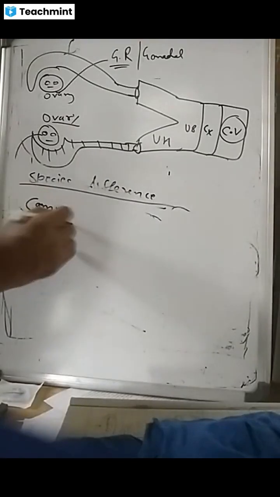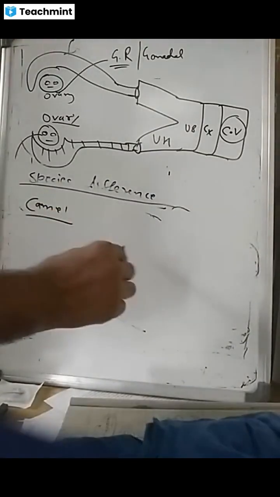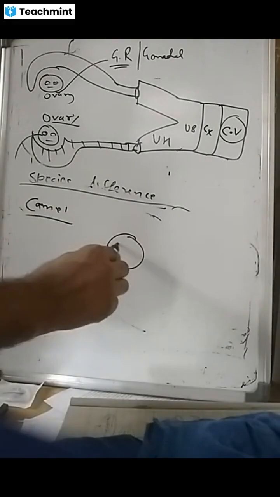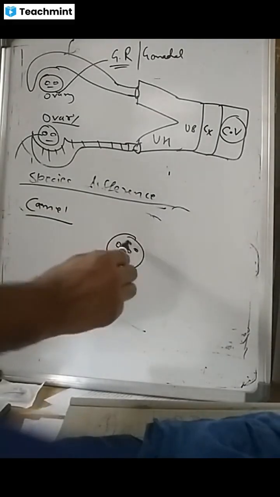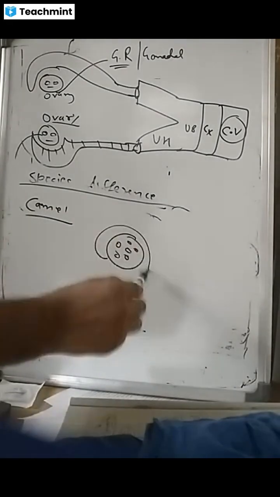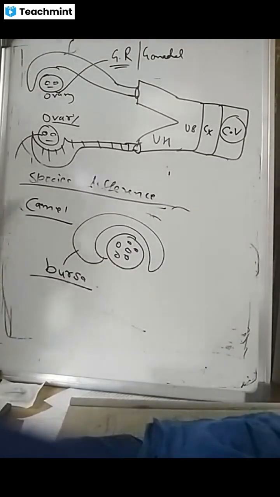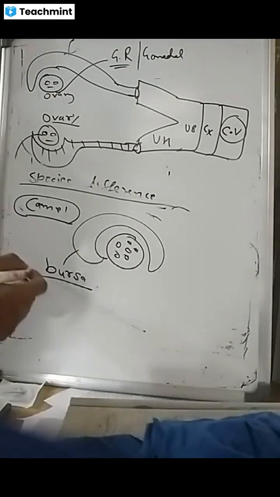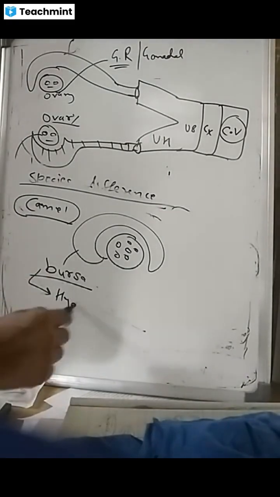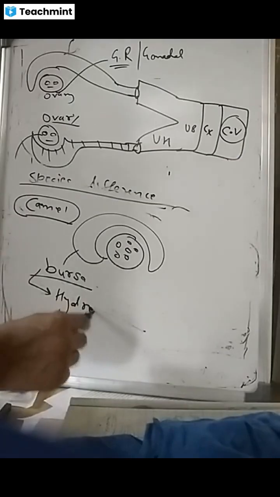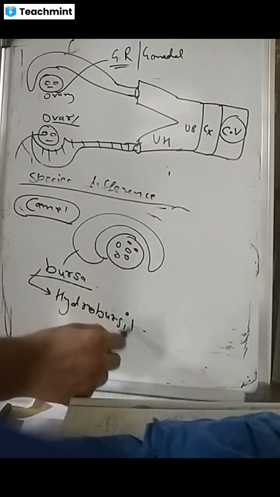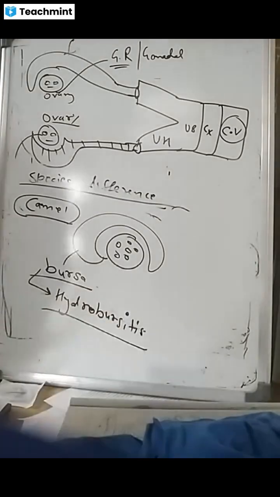Next is the ovary, which has some structures, and this is the bursa. When this bursa is filled with fluid, we call it hydrobursitis, which is seen in the cat ovary.